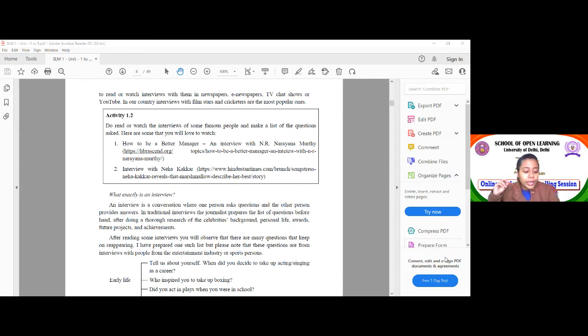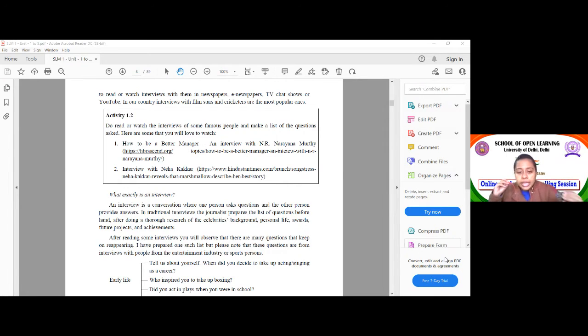So if the journalist has not done this research, they will not be able to ask Leonardo the relevant questions regarding this movie and the larger purpose of this movie in general.